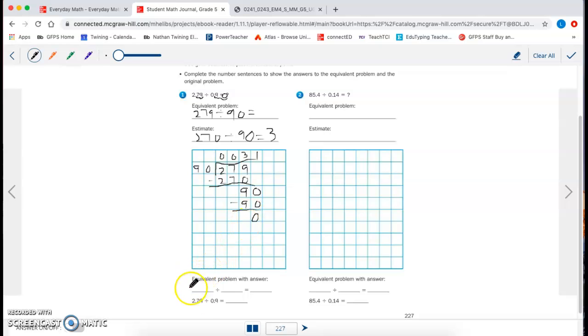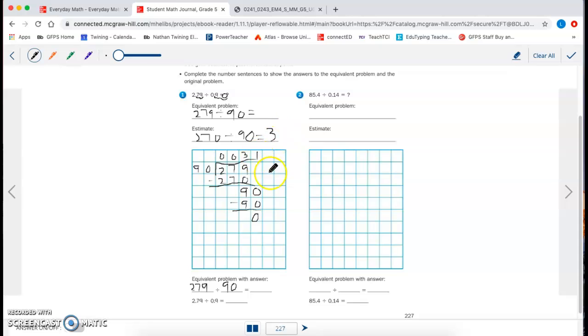So then I need to come down here, and I'm going to rewrite my problem. Okay, and my equivalent problem that I had was 279 divided by 90, and we need to see what that equals.